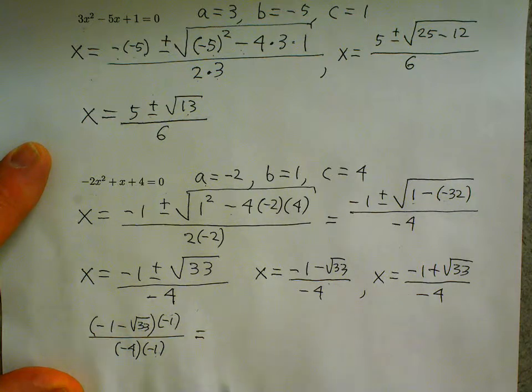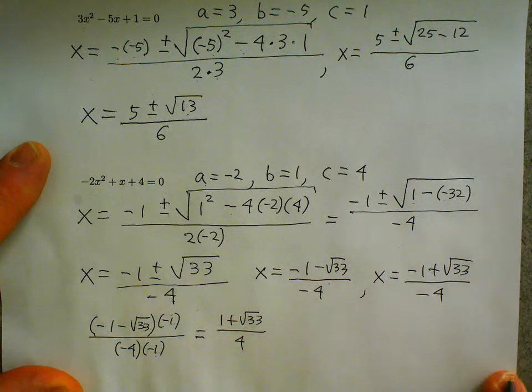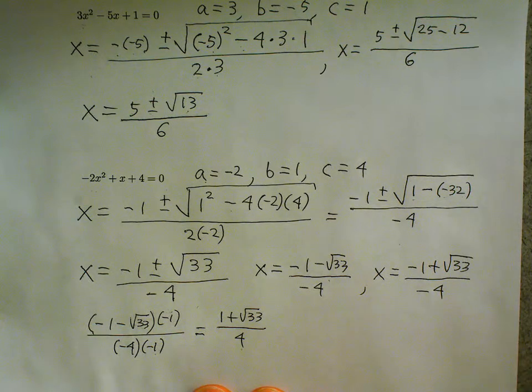And we get 1 plus the square root of 33 over +4. Now we have a denominator that's positive. And then we do the same thing with the other one.